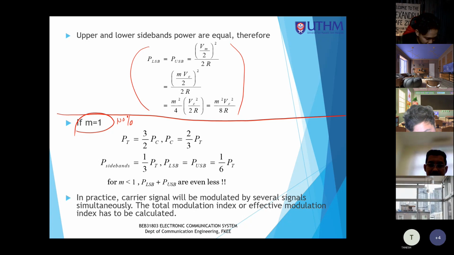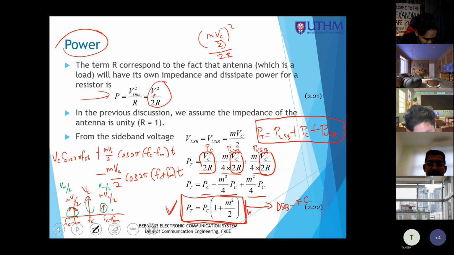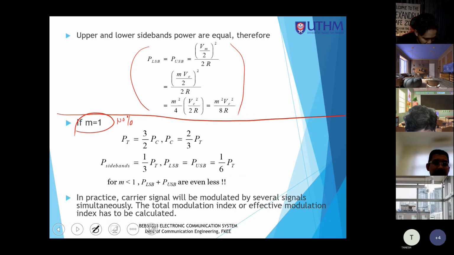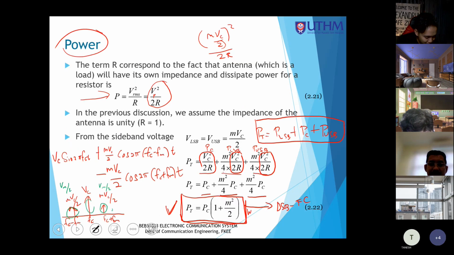Okay, so kalau kita lihat total power tadi kita boleh lihat ni untuk double sideband full carrier. So this is for the double sideband full carrier. So for the total power, kalau M sama dengan 1, kita masukkan dalam equation tadi yang ini total equation ni. So P total sama dengan PC 1 tambahkan dengan 1/2. Okay.